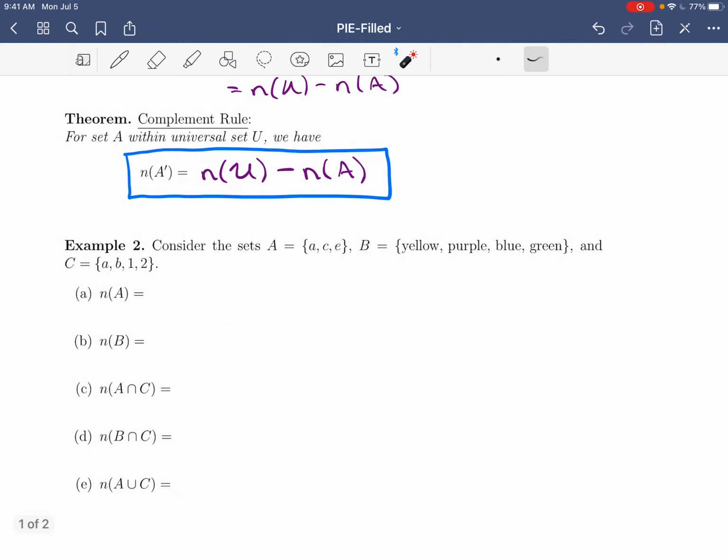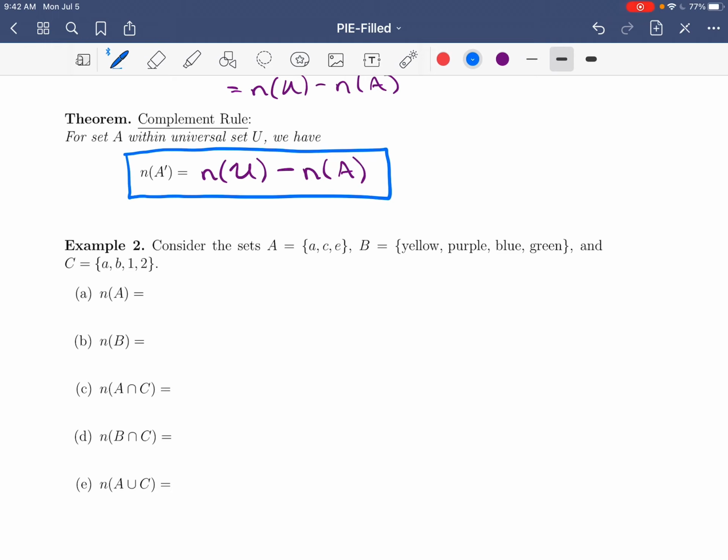So let's do another example here. Set A contains the letters A, C, E. Set B contains colors, so you can see where the commas are. So this is an element, this is an element, right? So we have 4 elements there. And set C contains some letters, some numbers.